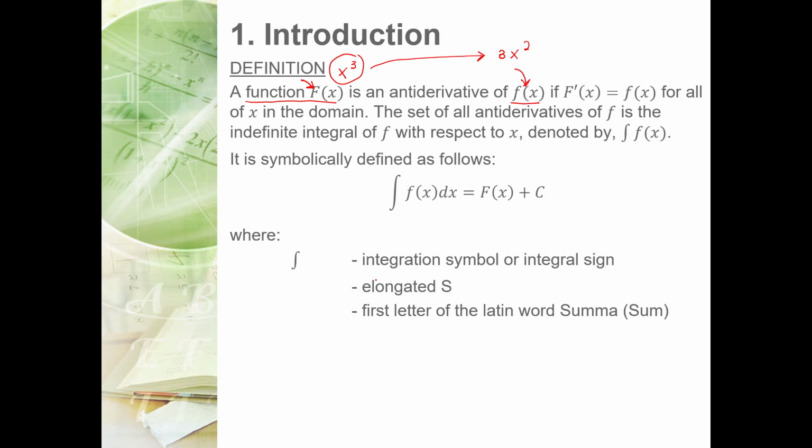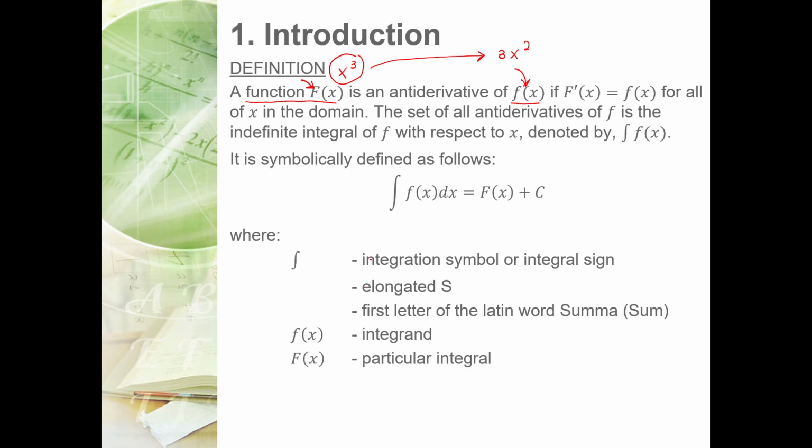Okay, so the small f of x is the integrand. We don't call it the derivative anymore, but it will become the integrand. If you search up online, there are many ways to pronounce these words. So this will be your integrand, or the equation that you need to integrate.